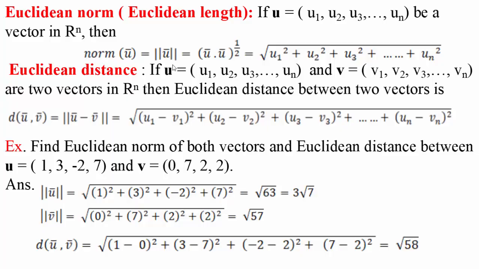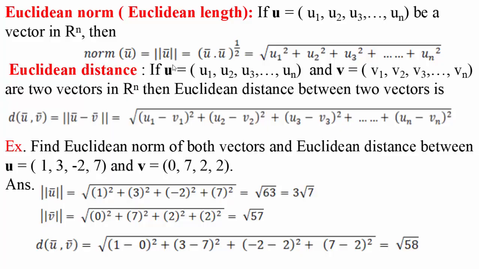1 minus 0 is 1, that square is 1. Therefore (1 minus 0) square becomes 1. 3 minus 7 is nothing but minus 4, and minus 4 square is 16. Minus 2 minus 2 becomes minus 4, and square of minus 4 is 16. And 7 minus 2 becomes 5, and (7 minus 2) square equal to 25.